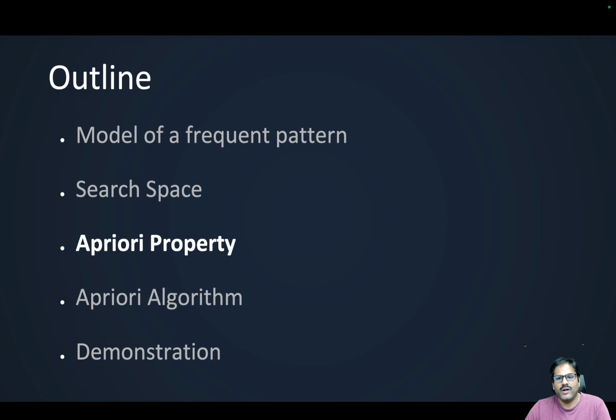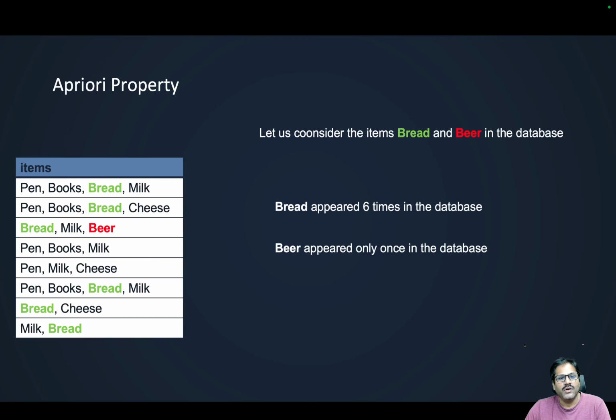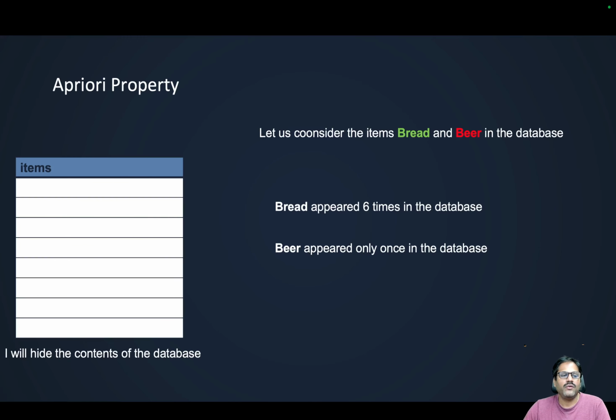It is as follows. Let us consider the items bread and beer in the database. In the database, bread appeared 6 times, while beer has appeared only once. Now I have hidden the contents of the database and I am posing the following question.